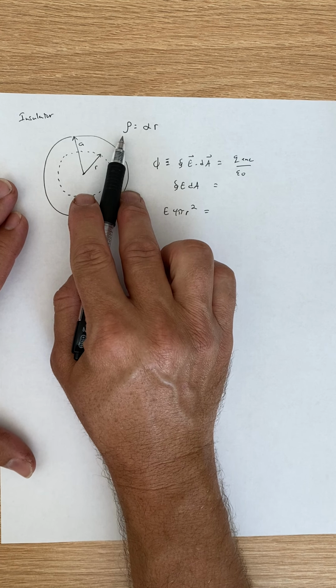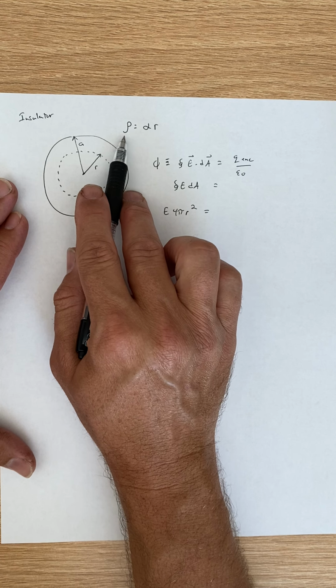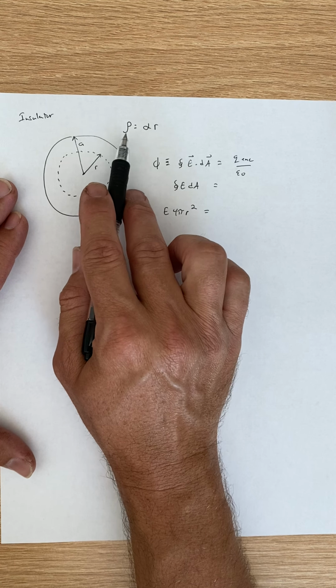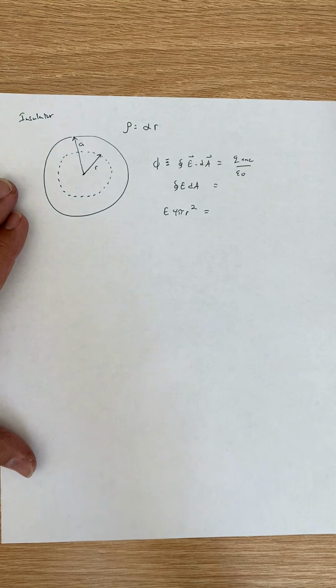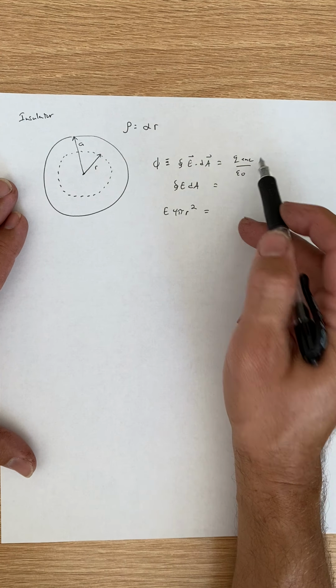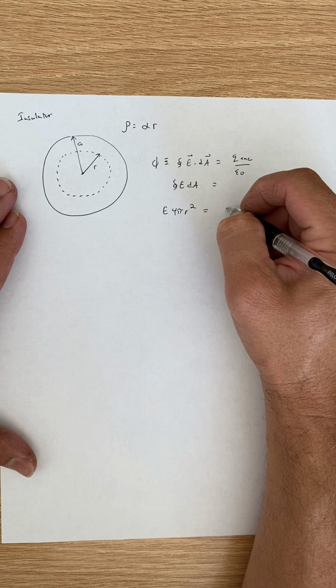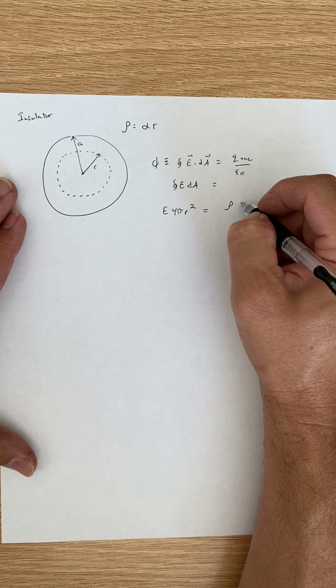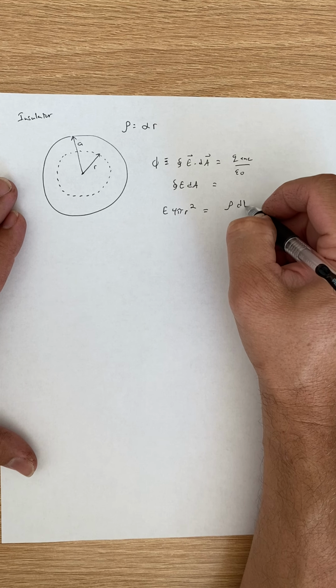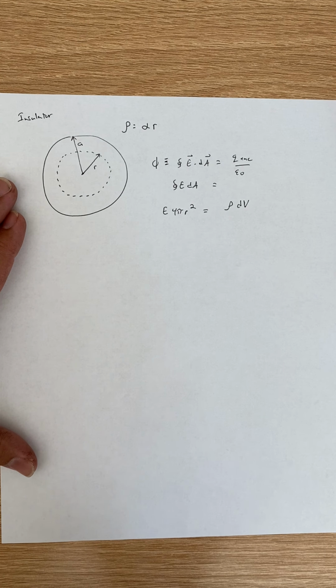So if I multiply this charge density by a volume, that gets me back the charge. And so I can write Q enclosed as the integral of rho dV, where that's my differential volume element.